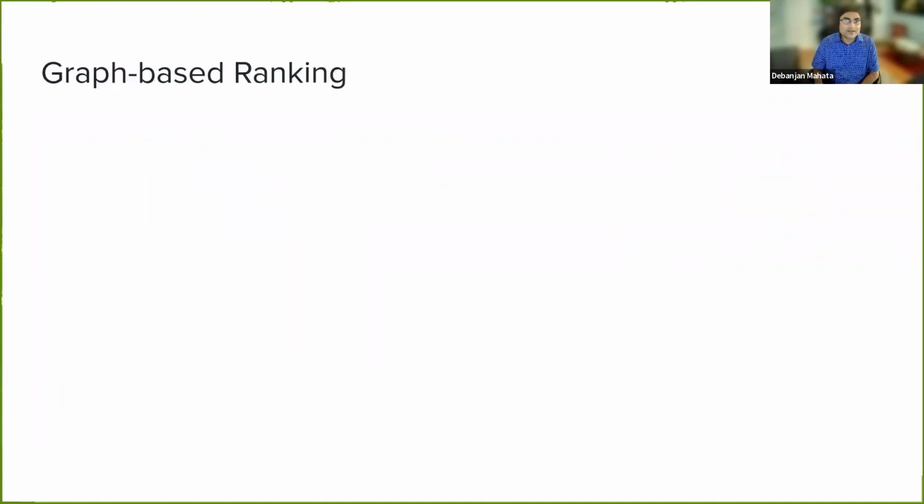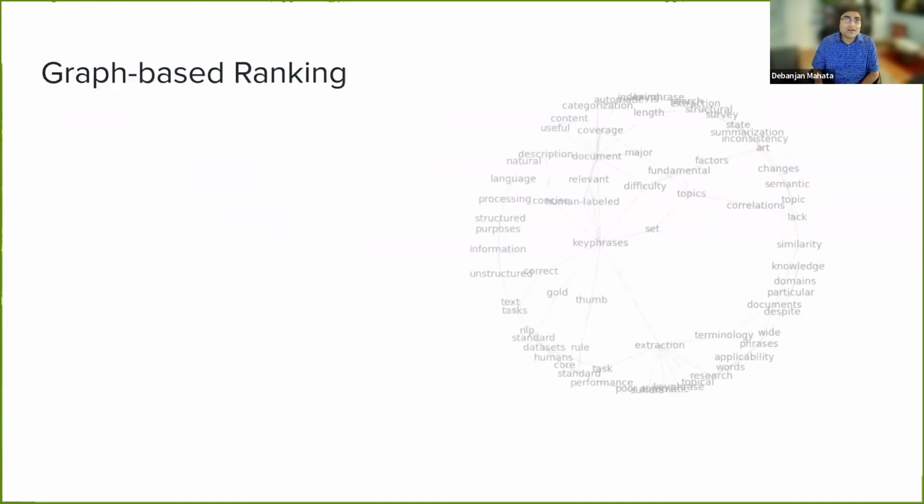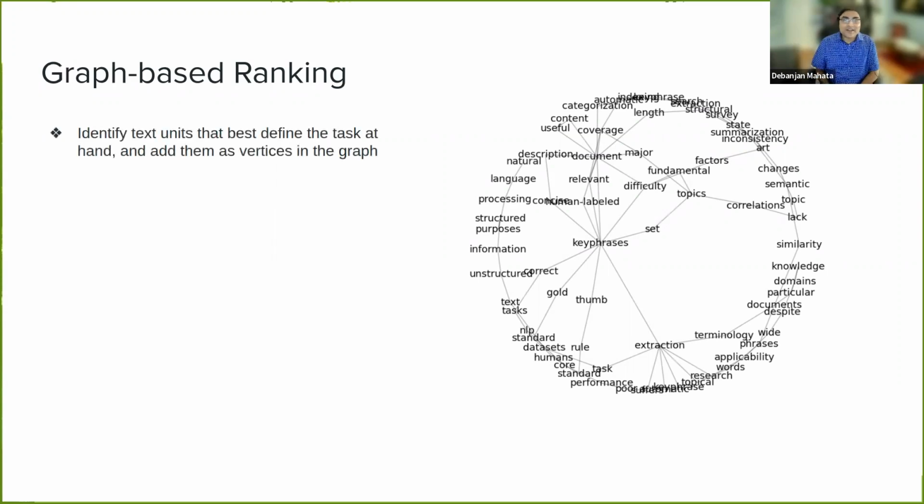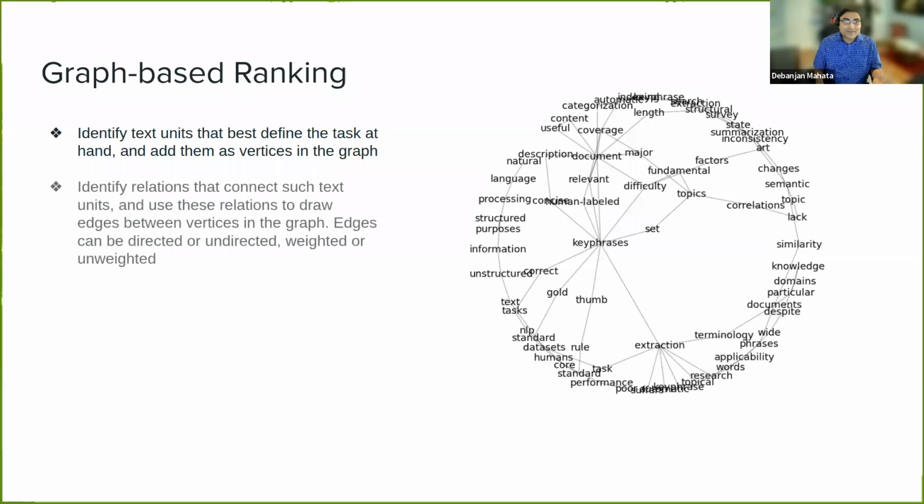And then in graph-based ranking, your ultimate aim is to form a graph of phrases from a single document. How you do that is you identify textual units that best define the task at hand and add them as vertices in the graph. Then you identify the relationships that connect such text units and use these relations to draw edges between these vertices.